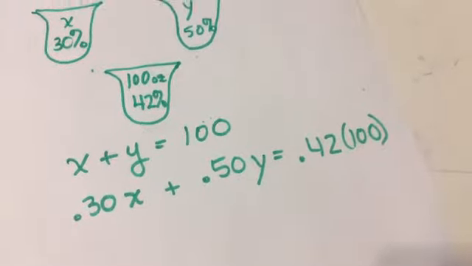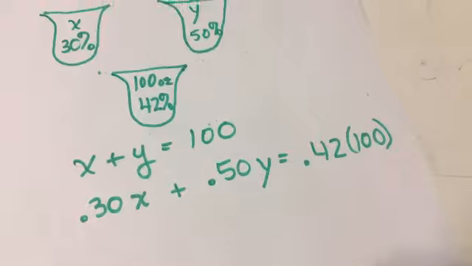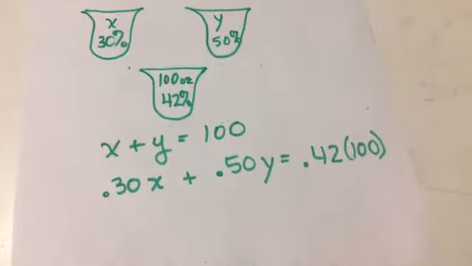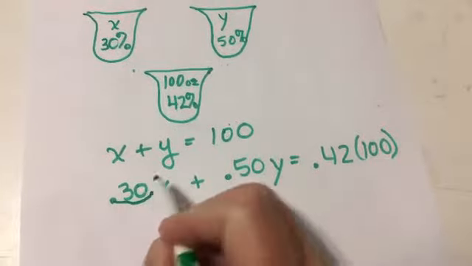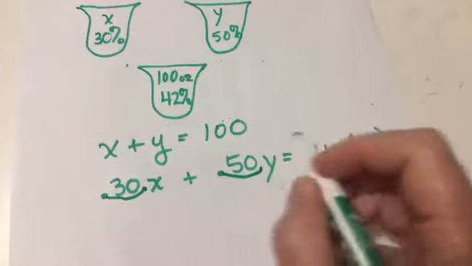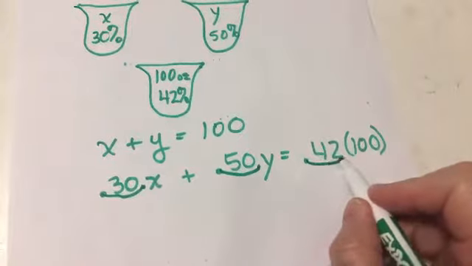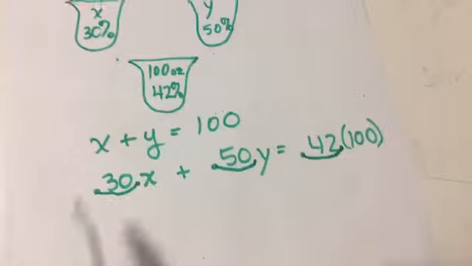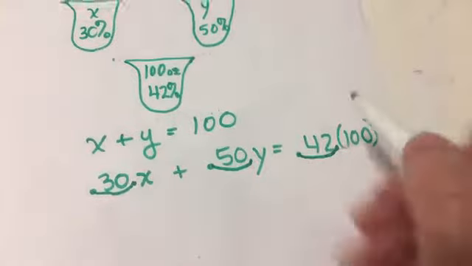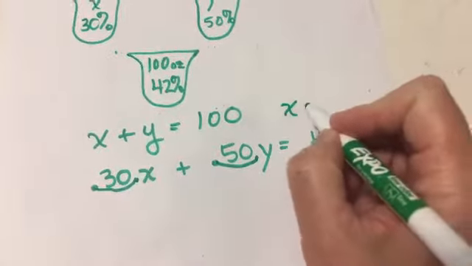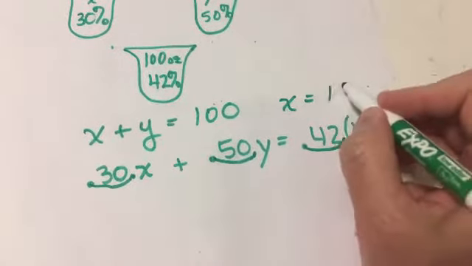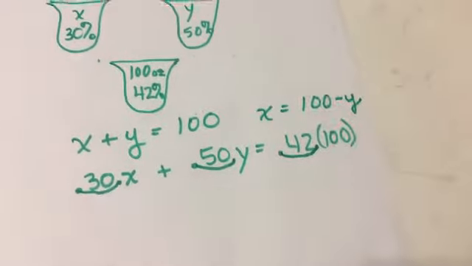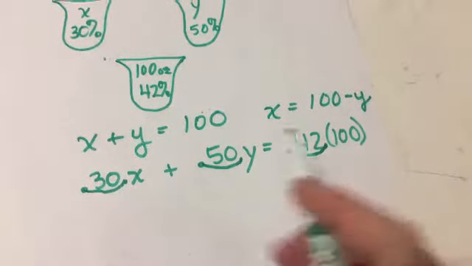So we're going to do this one with substitution. However, the very first thing we're going to do is get rid of all these decimals. So I'm going to multiply by 100, multiply by 100, and multiply by 100 to clear all those decimals out. And then I'm going to solve this top equation for X. I could solve it for X or Y, but X is going to be 100 minus Y, and I'm going to substitute that into this second equation.